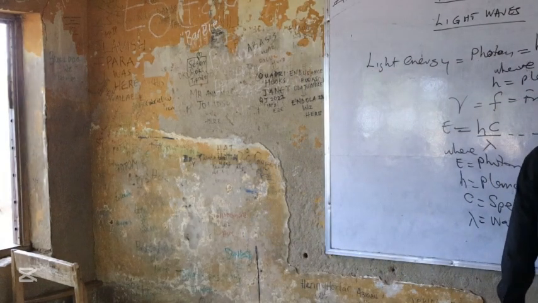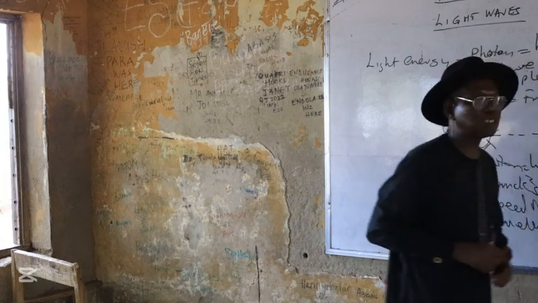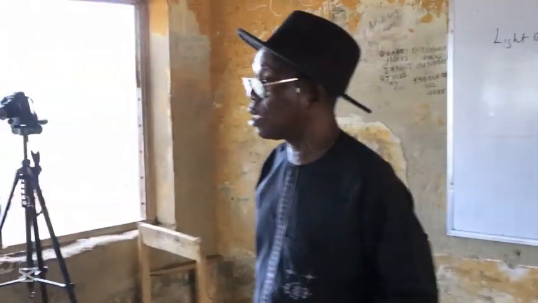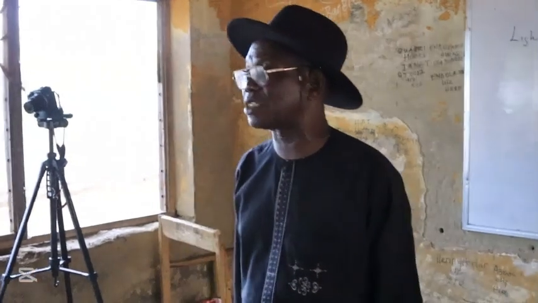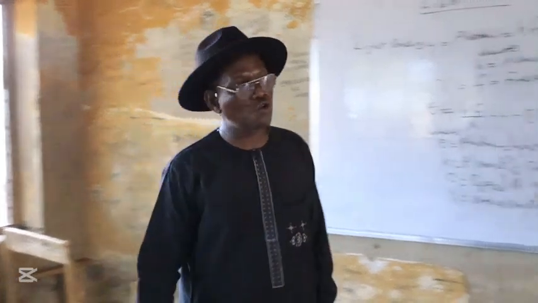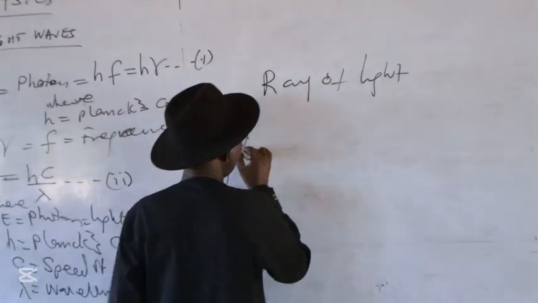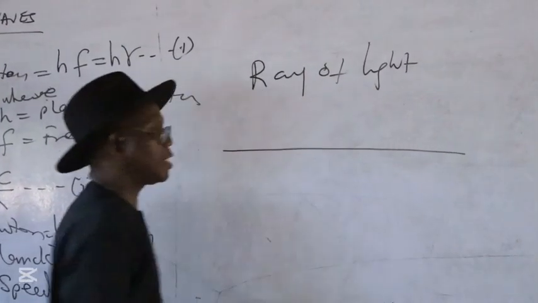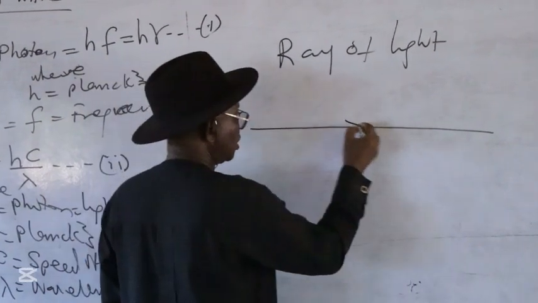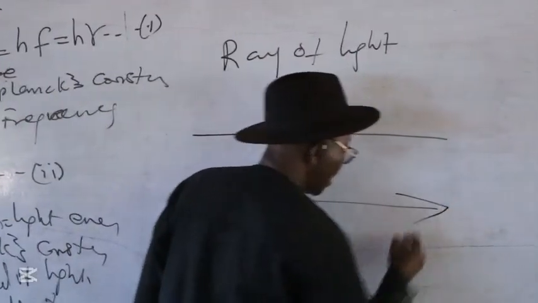A ray of light is a vector quantity. A vector quantity has both magnitude and direction. So you always show or indicate rays of light by drawing a single line. The line shows the magnitude. The arrow on it, you can have an arrow like this, or you have the arrow at the end.